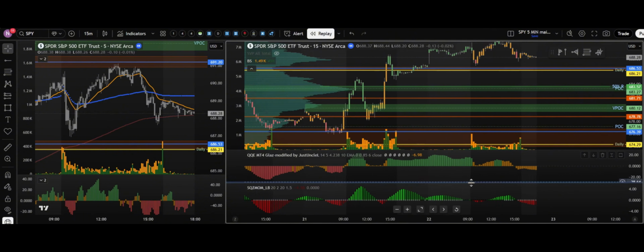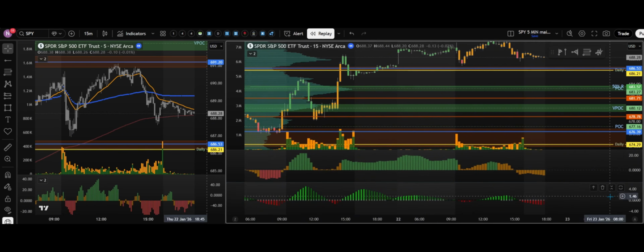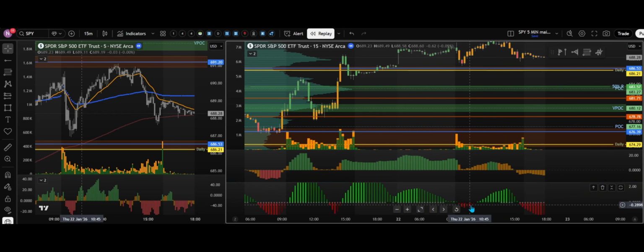One thing I want to note is that it's a little slower than QQE. So QQE usually is the first indicator that, let's see if I can find an example here. For example, you see that we're still technically squeezing up on the squeeze momentum, but QQE is already starting to step down.